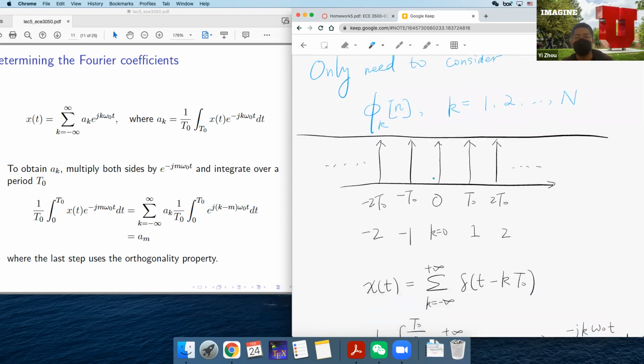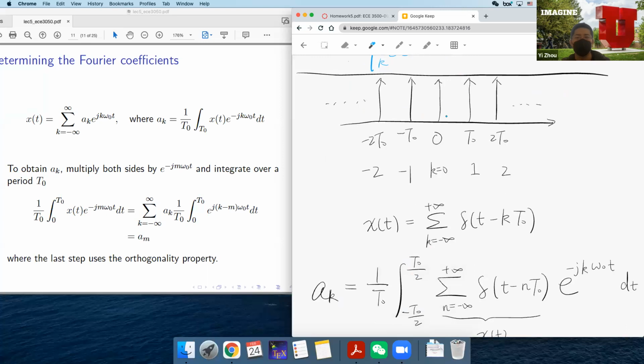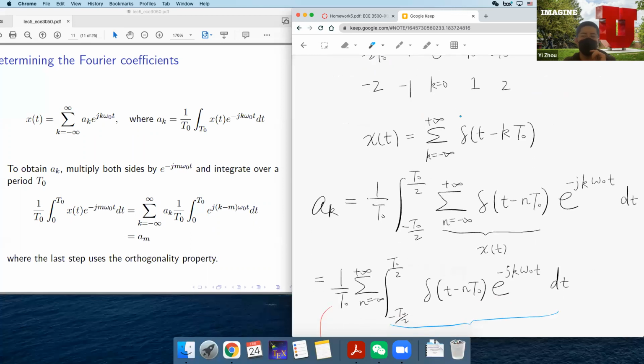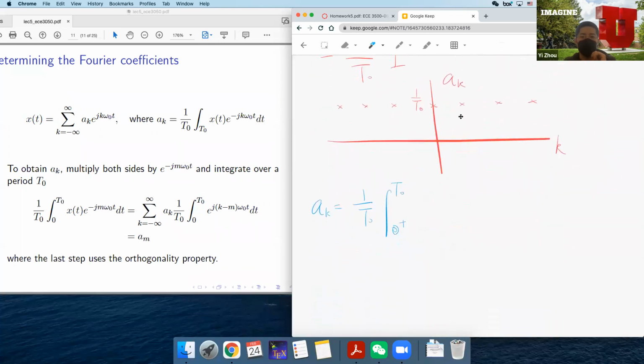Because in general, you see that every period we only have one impulse. If you consider negative T over 2 to T over 2, we only have one impulse. So if you consider 0 to T naught, make sure you only consider one part of it. So here I'm excluding 0.